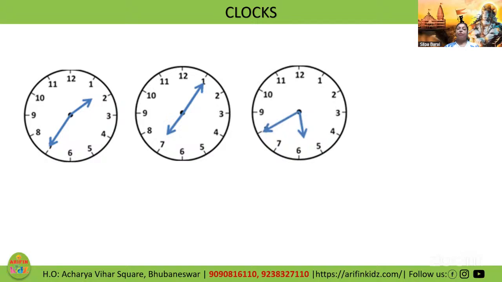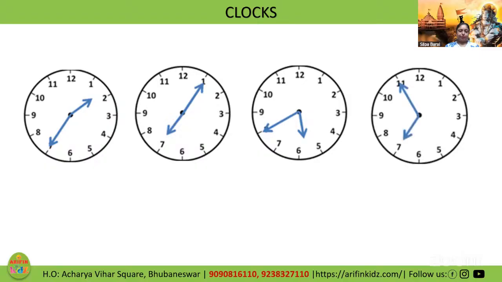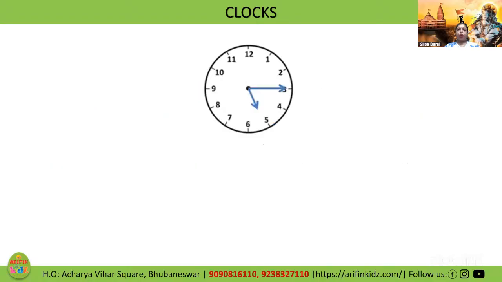Yes, it is in between 5 and 6 and the minute hand is at 8. And we know 5 eights are what? 40. So it is 5:40. All of you check. The time is 6:55. All of you can check the last clock. Time is 6:55.